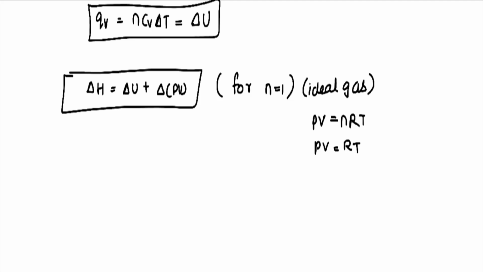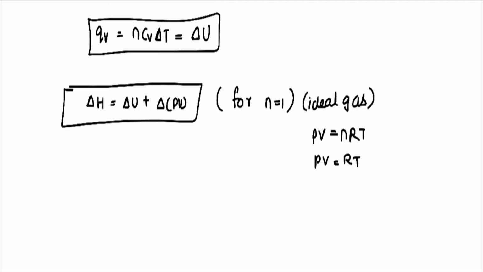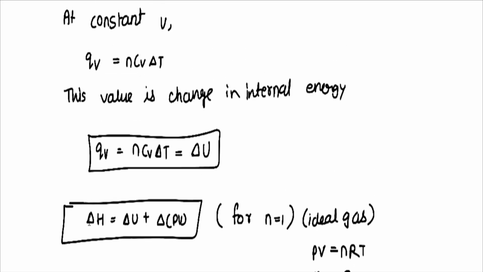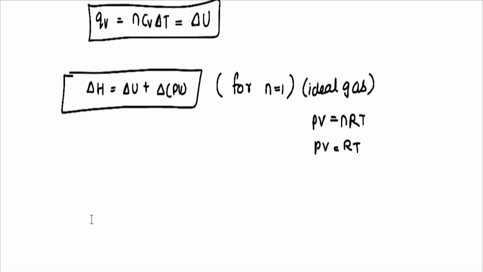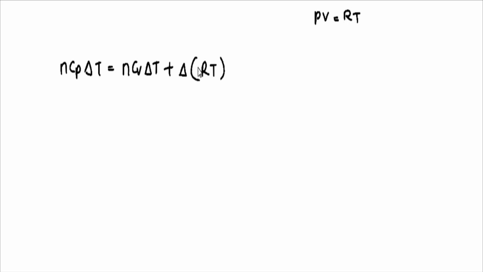Now substitute each of the given data. Delta H is nothing but nCp delta T, and delta U is nothing but nCv delta T plus delta, in place of PV we can substitute RT. So nCp delta T is equal to nCv delta T plus R delta T. R is constant, so we take it out.